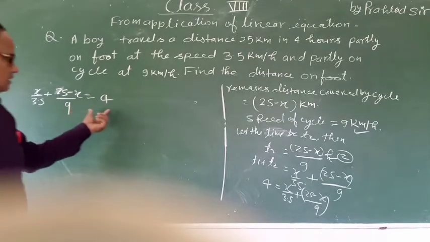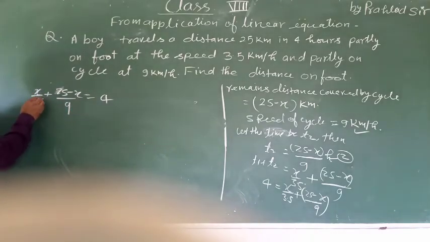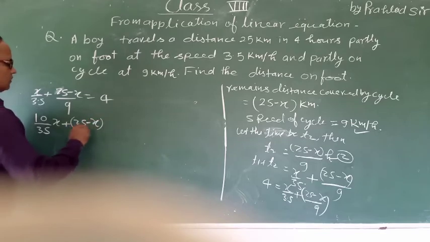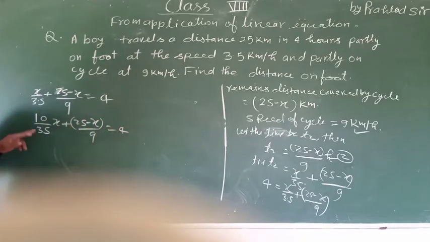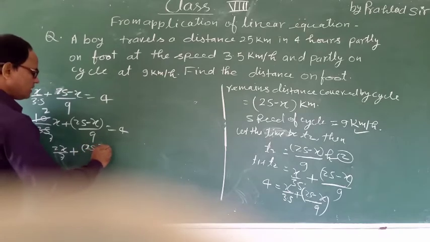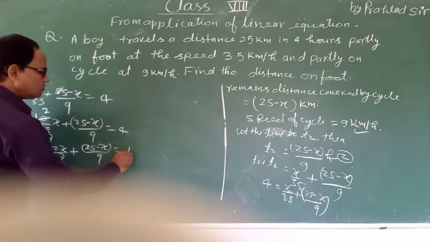Removing the decimal point, we can write 10x by 35 plus 25 minus x by 9 is equal to 4. Here we can cancel: 5 twos are 10, 5 sevens are 35. Then 2x by 7 plus 25 minus x by 9 is equal to 4.